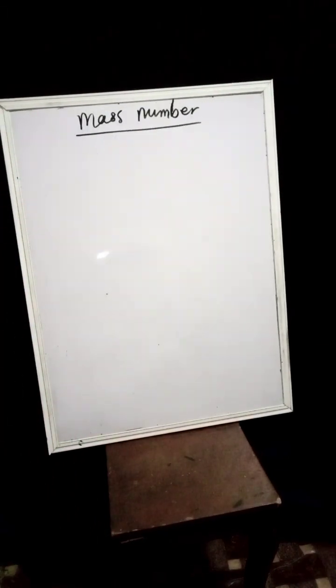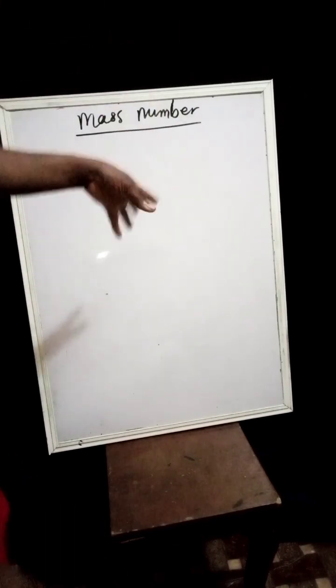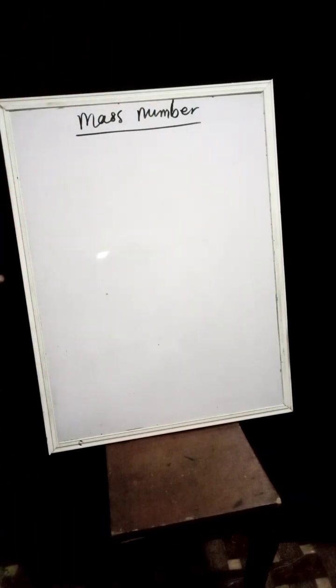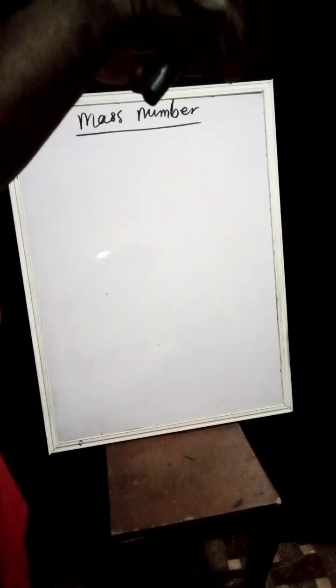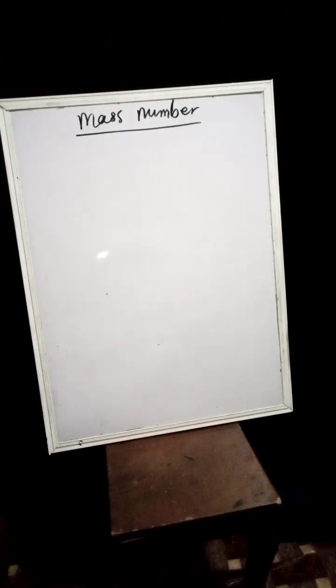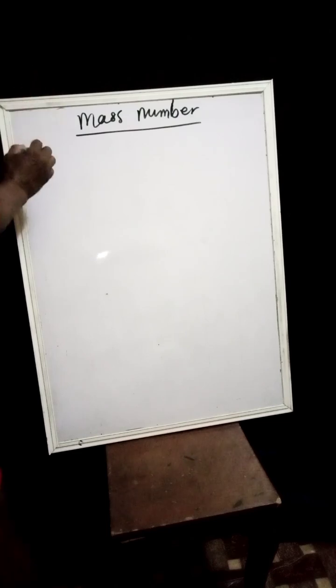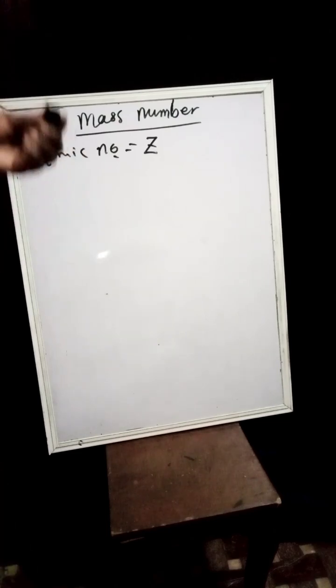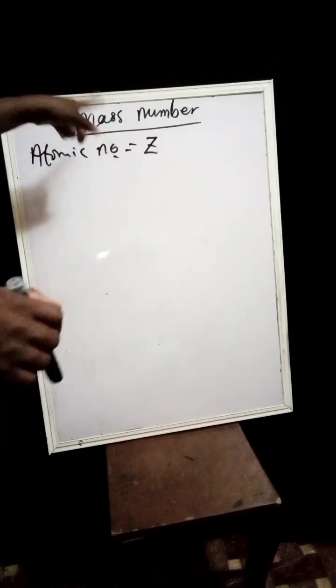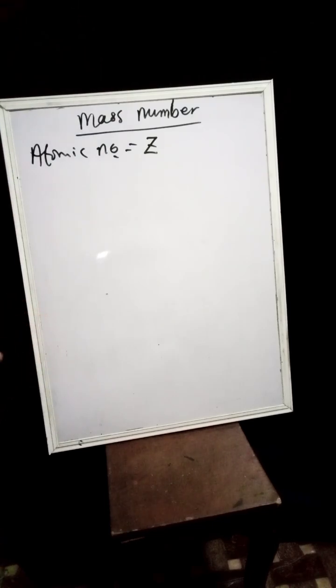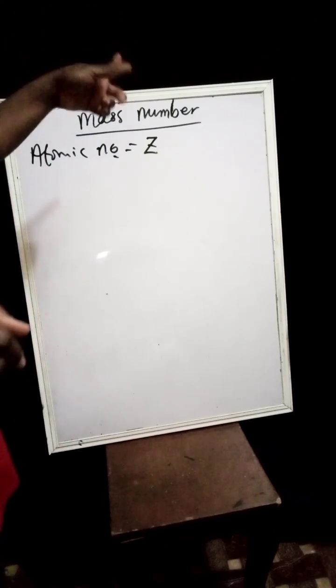Having known what atomic number is, let's discuss mass number. The mass number of an atom of an element is the sum of the proton and the neutron numbers present in the atom of that element. What do I mean? Remember, we said that atomic number is denoted by Z. Remember also that this atomic number gives us the number of protons present in an atom of an element.